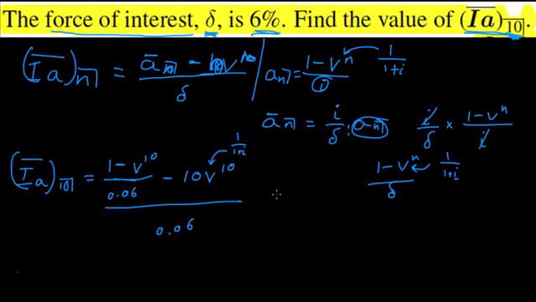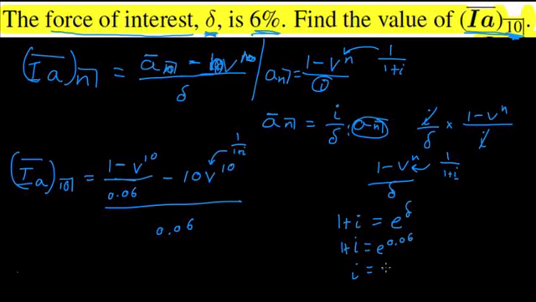One last thing that we don't have is i. And I'll just write over here that we happen to know that 1 plus i is actually equal to e to the delta. So in that case, 1 plus i will be e to the 0.06.